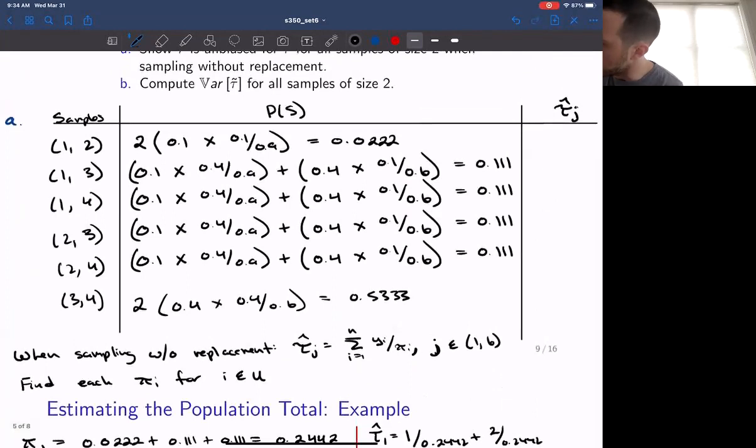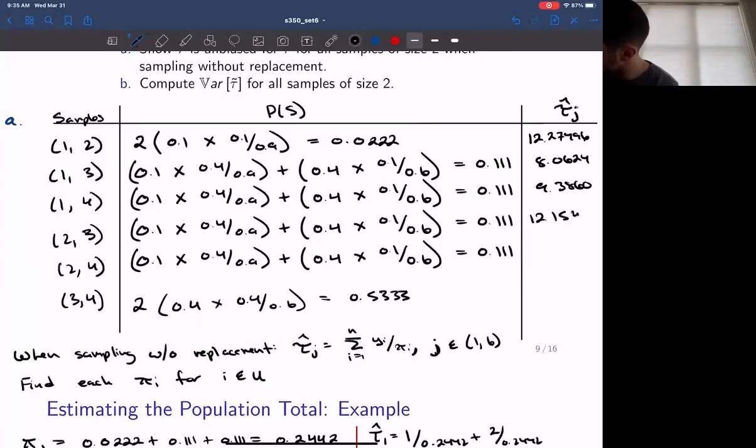Okay, so following that process, we have 12.27496, 8.0624, 9.3860, 12.1540, 13.4776, and 9.2652.